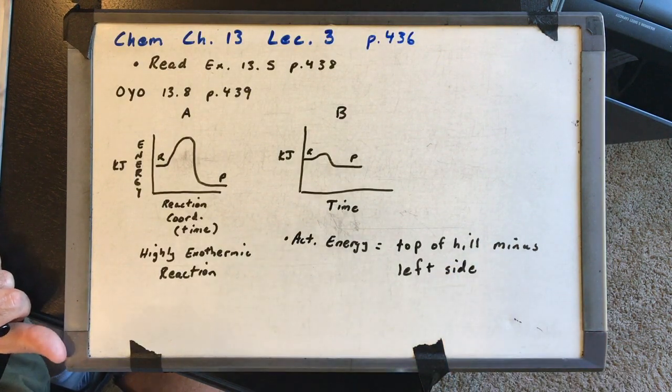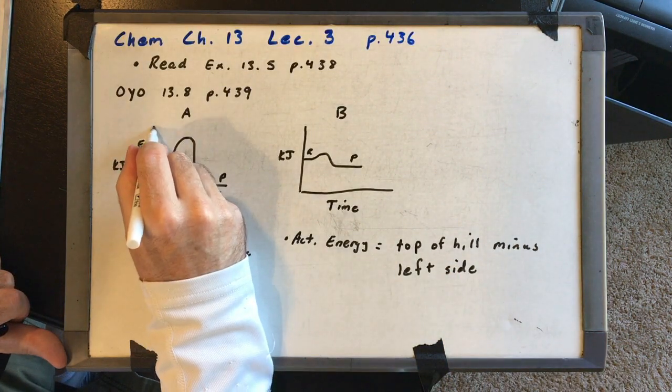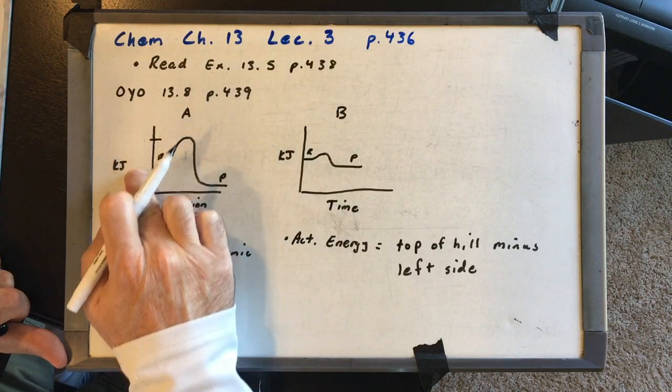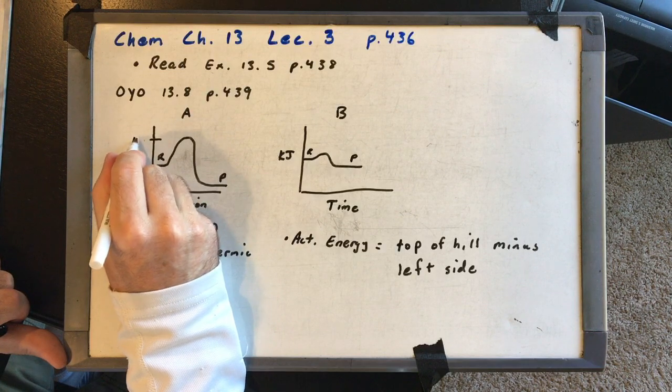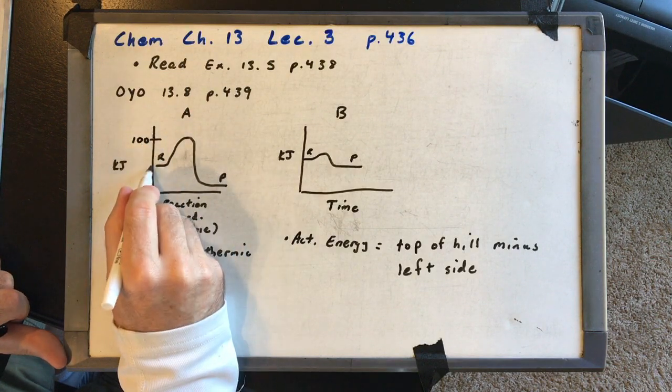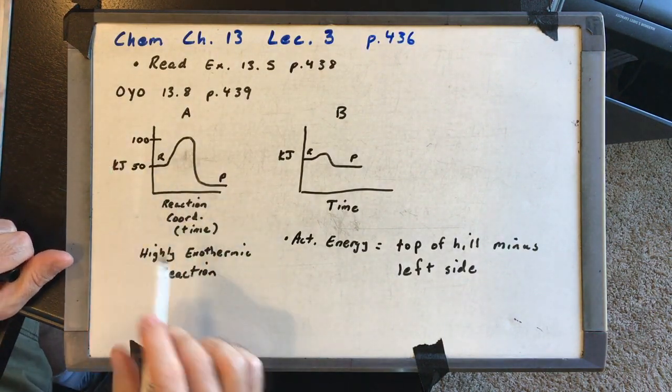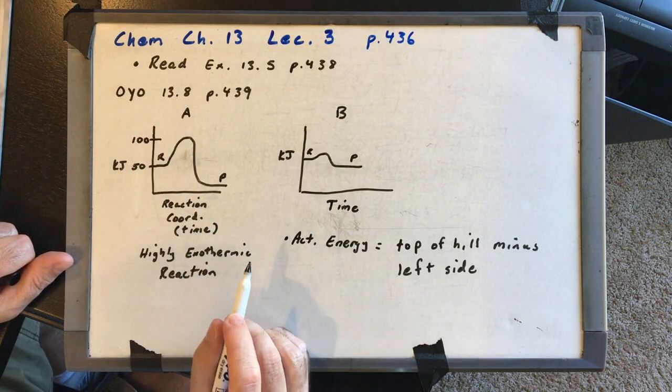Top of the hill minus the left side. So let's say for reaction A, at the top of the hill, it was 100 kilojoules. And the left side was at 50. Then the activation energy would be 100 minus 50, or 50.